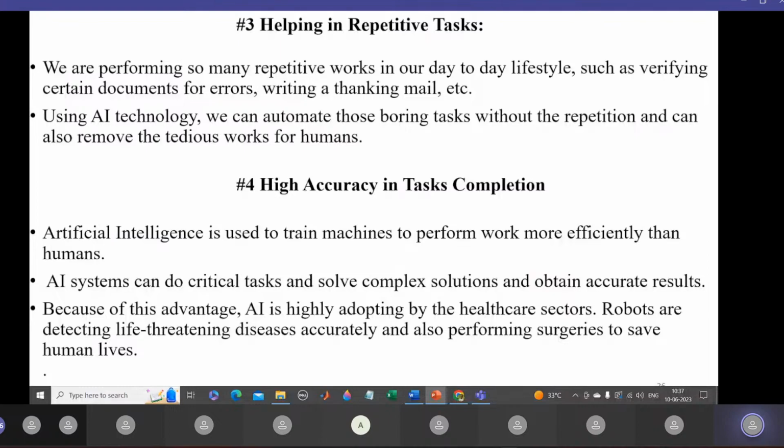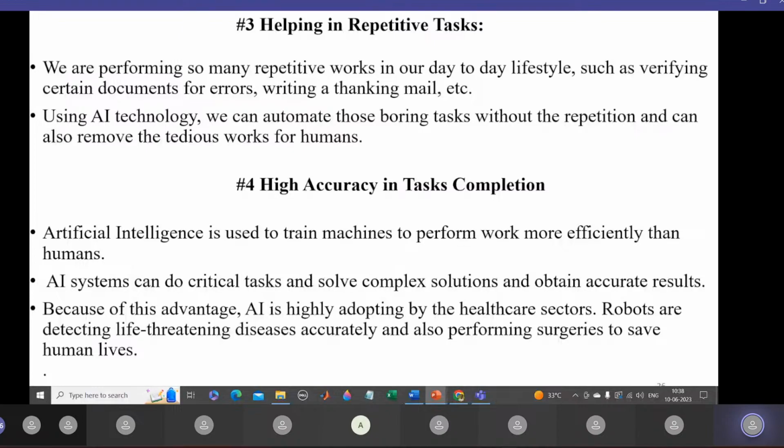So artificial intelligence is used to train machines to perform work more efficiently than the humans. You can train the machines for efficient work, right? And then the humans, they will do it. They can also do critical tasks, and they can solve complex solutions, and they can get accurate results.